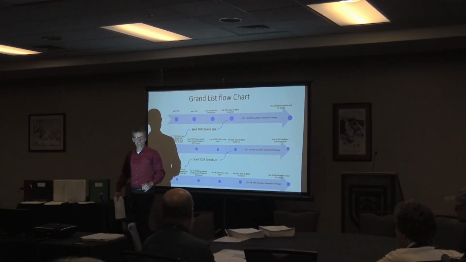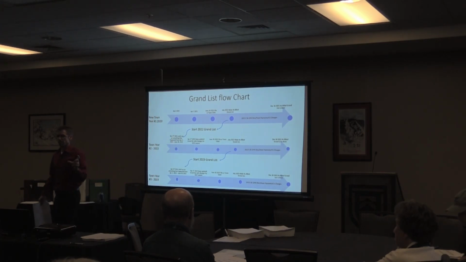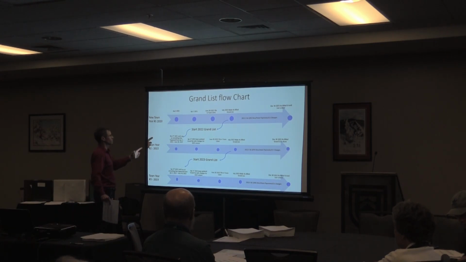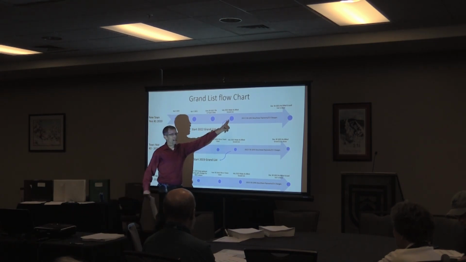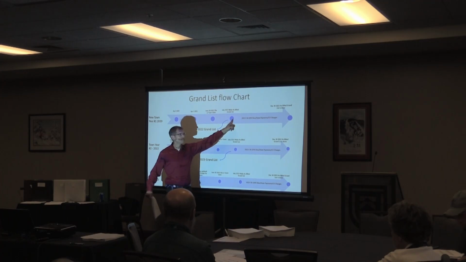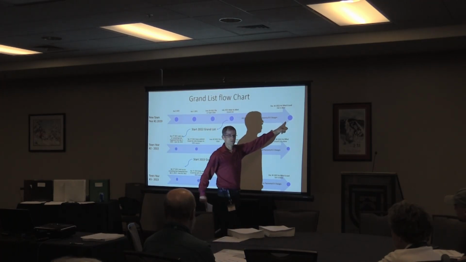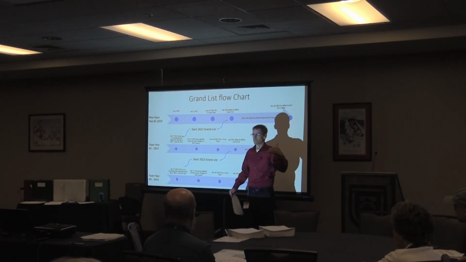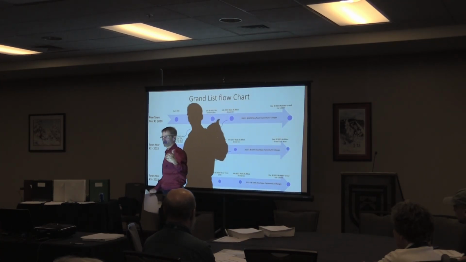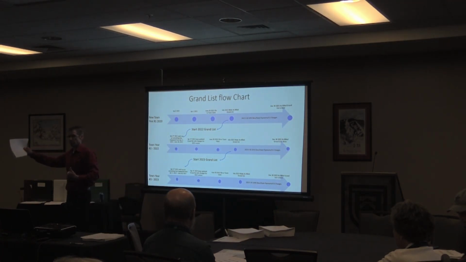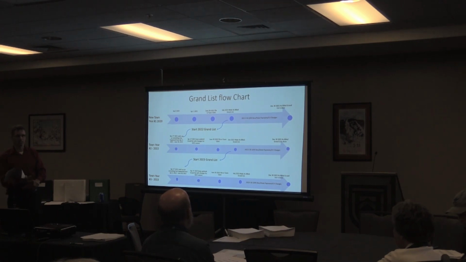Once we make that as-built grand list, this is the tricky part for me to explain to somebody, especially on the phone. We have to maintain this grand list from now until December 31st for everything that happens from July to December 31st, like homestead declarations and current use changes, right?